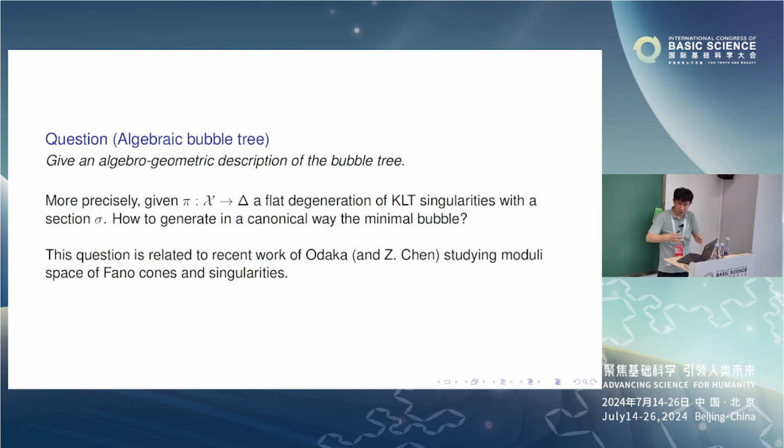Because this bubbling that I talk about depends on the metric. You have to have the metric to take the limit. But because there is this belief that these are natural objects from the canonical metric, one should have an algebro-geometric meaning of this. So if you take an algebraic degeneration, there should be a way of constructing this. There is some recent work by Dhaka on this and related questions.